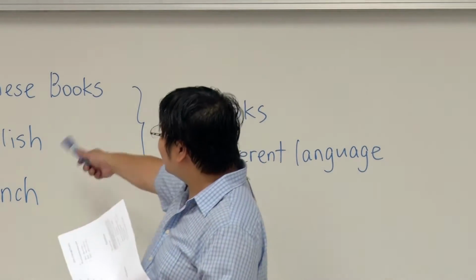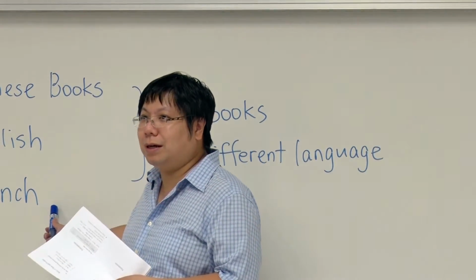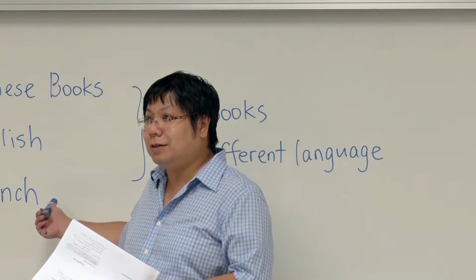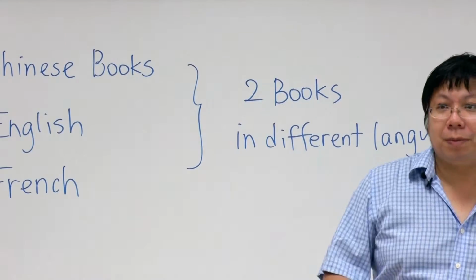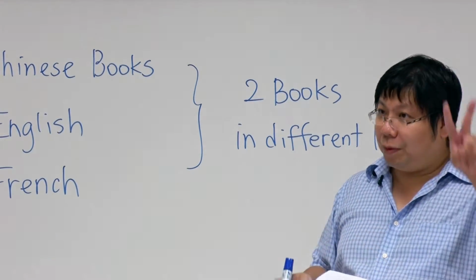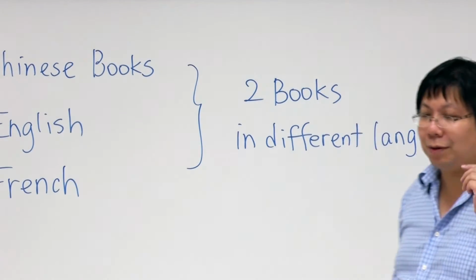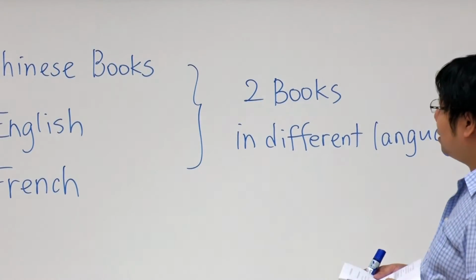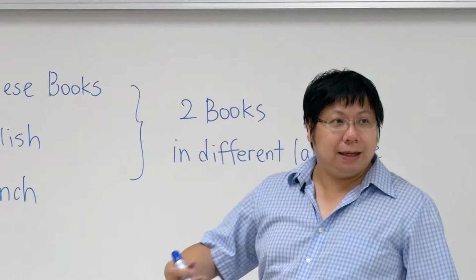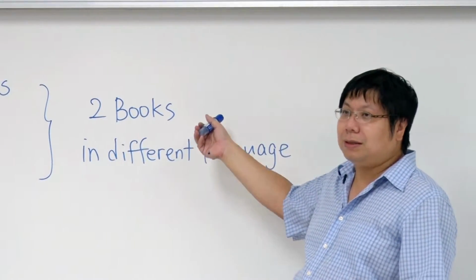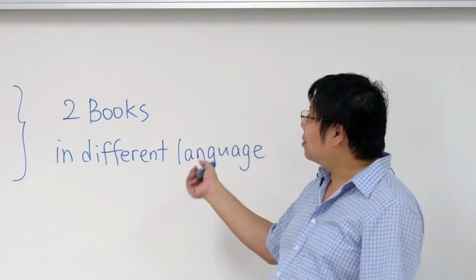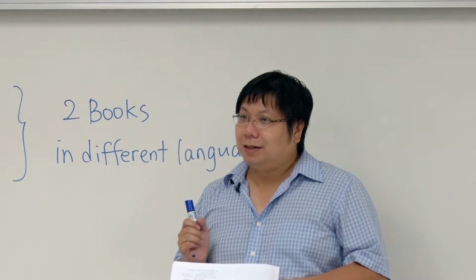I can pick another book here with the first book in French. So this is another way. So this is the problem. Every time we need 2 books, and they have to be in different languages. And then we want to count how many different ways we can do this selection. How many ways we can select 2 books in different languages.